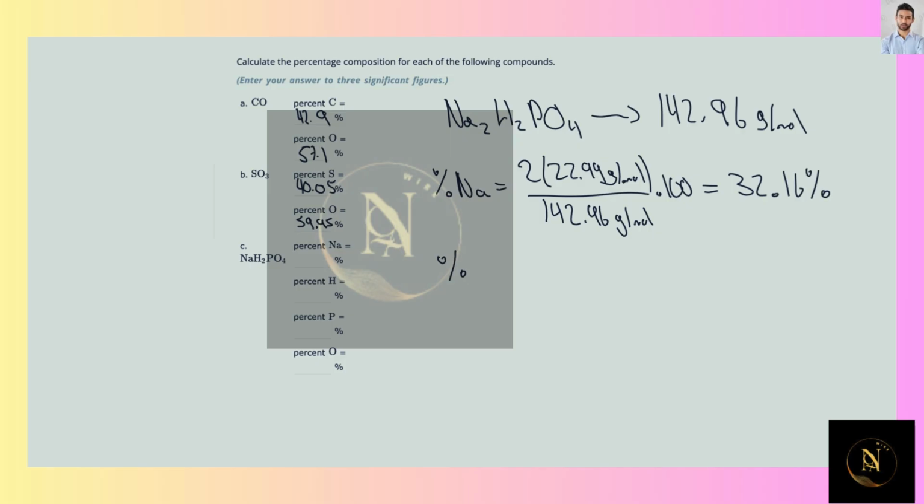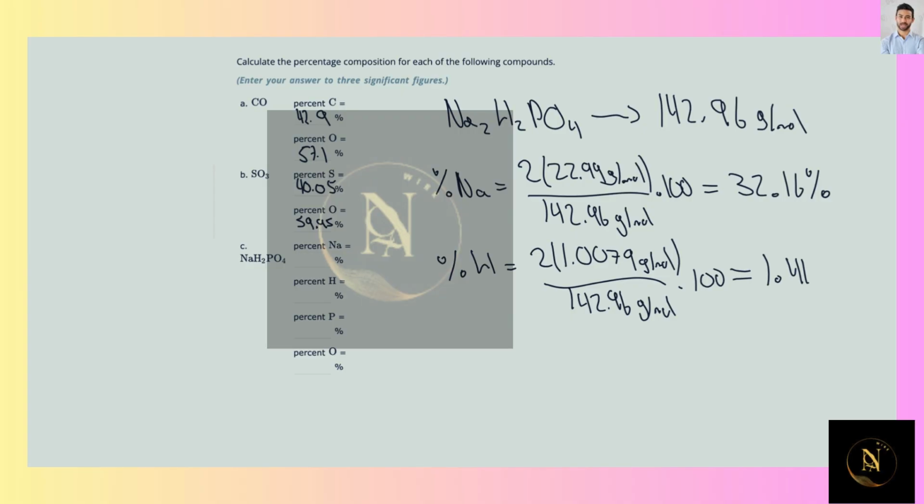Now let's do it for hydrogen. This is going to be 2 times 1.0079 grams per mole, divided by the total molecular mass times 100. This is going to give us a value of 1.41% in the case of hydrogen.